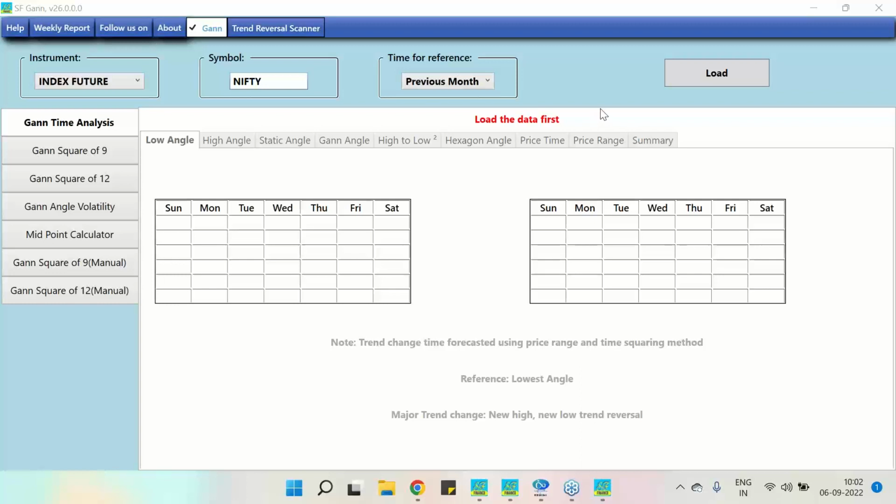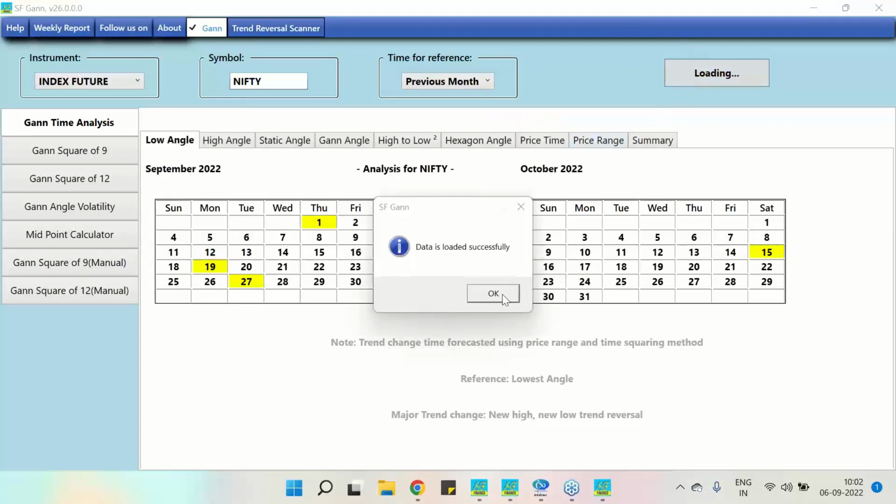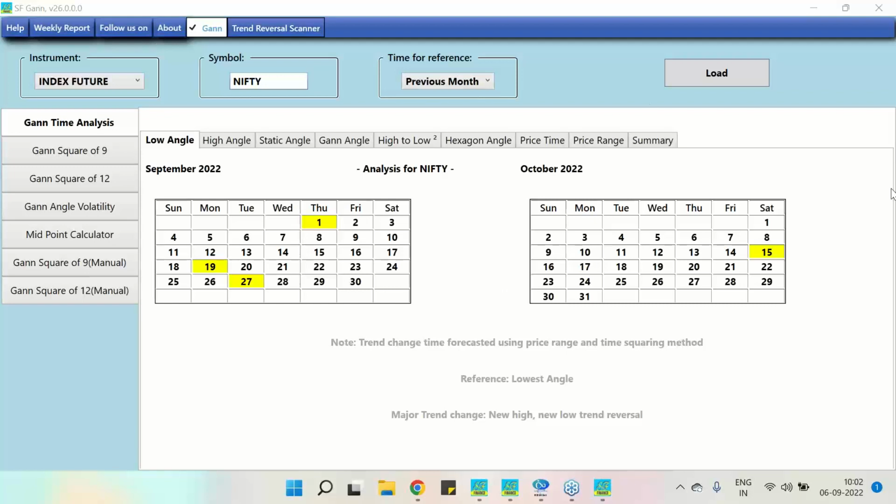First I am going to load the data for Nifty with the reference of the previous month. Previous month means it will take the previous calendar month. August month reference it will take, and it has given the reversal dates for Nifty. First we can see the low angle.